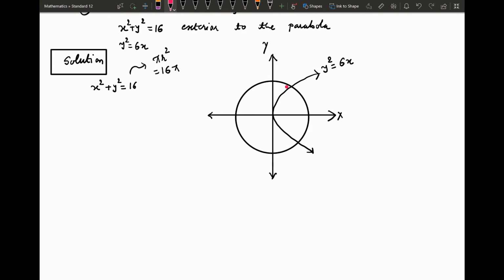You can observe this is the portion, the portion of the circle and exterior to the parabola.